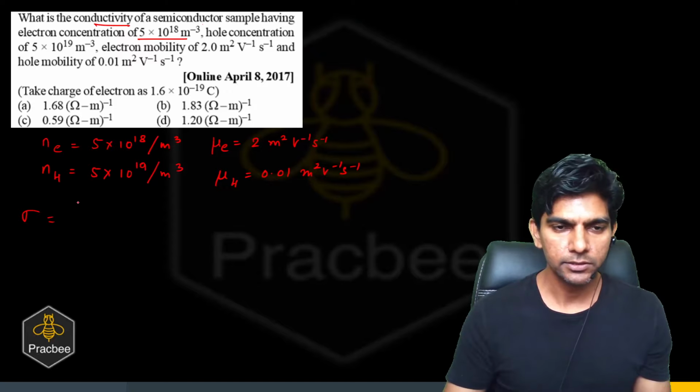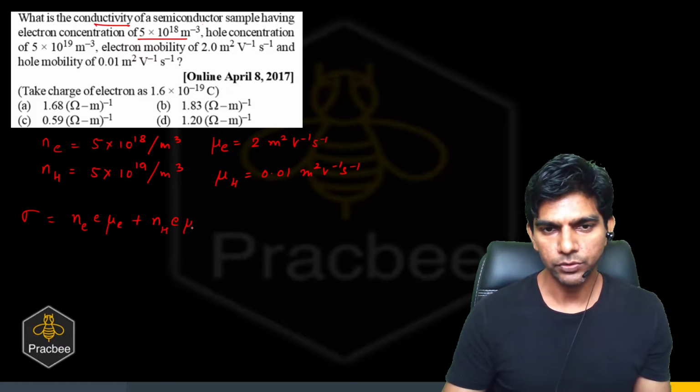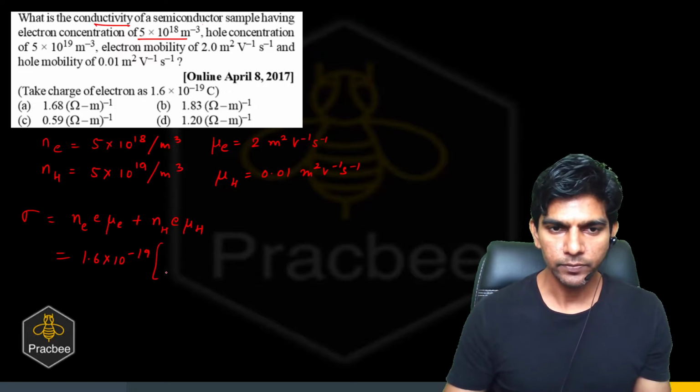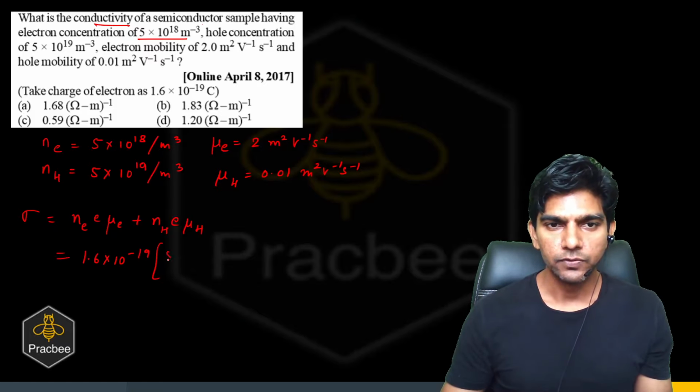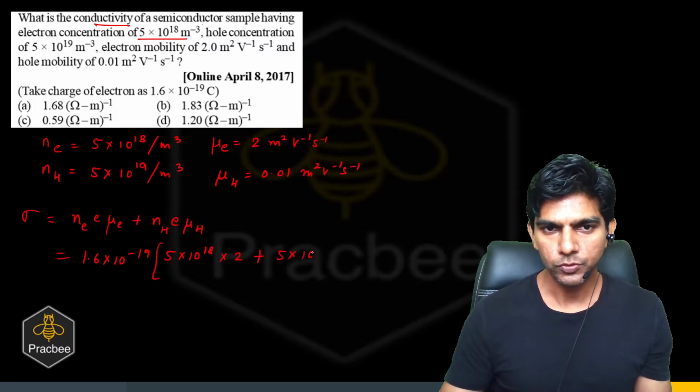So sigma is n_e e times mu_e plus n_h e times mu_h. So let us put the values. So 1.6 into 10 raised to power minus 19, e will be common. n_e is given as 5 into 10 raised to power 18 times 2 plus 5 into 10 raised to power 19 times 0.01.